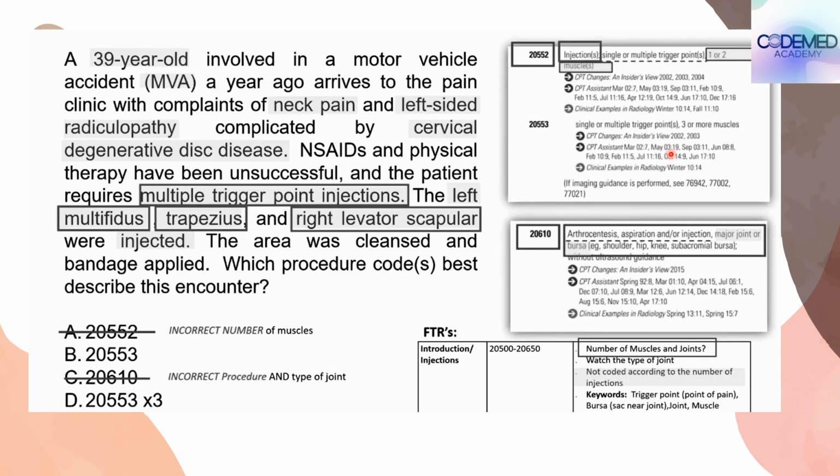Single or multiple trigger points, three or more muscles. So we will definitely require this code. 20610 talks about arthrocentesis, that didn't happen. And 20553 times 3 is not the way we will write, because when I write 20553, it covers three or more muscles. So there is no need to write like this. This is absolutely wrong. So the ideal answer is B.